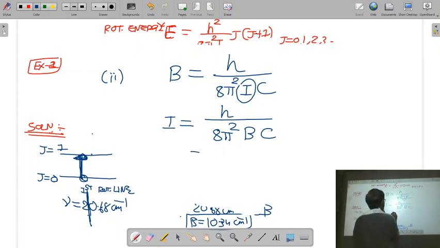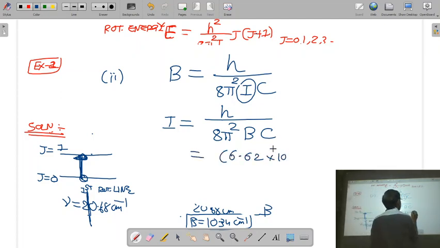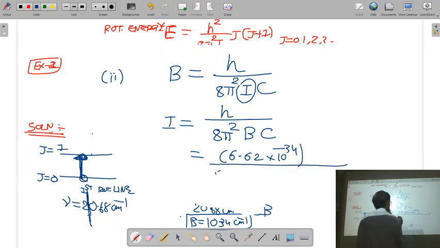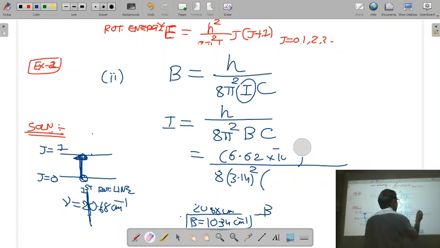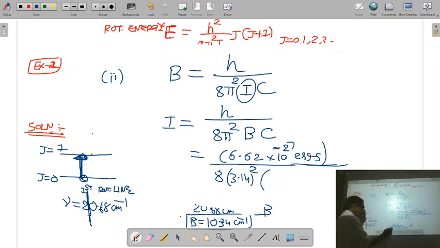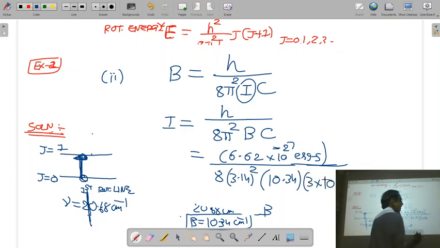H, you know, is 6.62 into 10 raised to minus 34, and pi is 3.14, squared. The value of B we just got. We calculate this in CGS, so in CGS, instead of 10 raised to minus 34, we take Planck constant as 10 raised to minus 27 erg second. The rotational constant B, which we obtained from the wave number of the first rotational line, is 10.34, and the value of C, you know very well, is 3 into 10 raised to 10 centimeter per second.